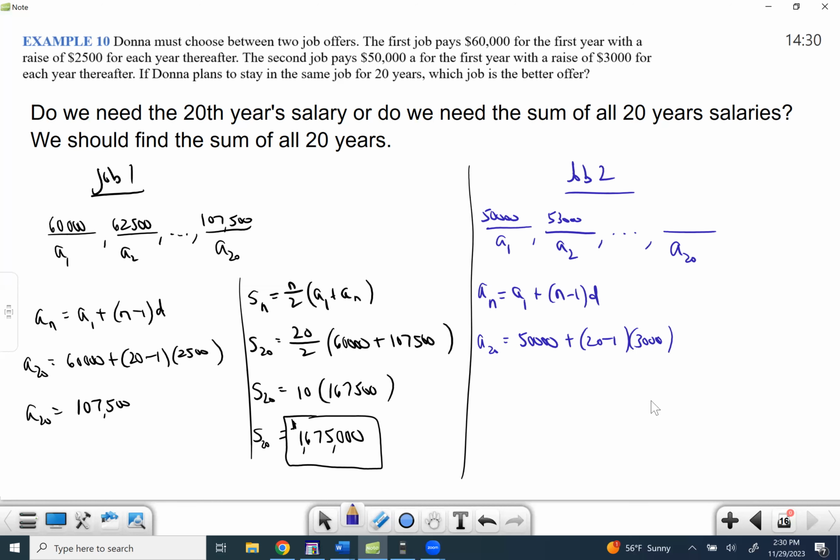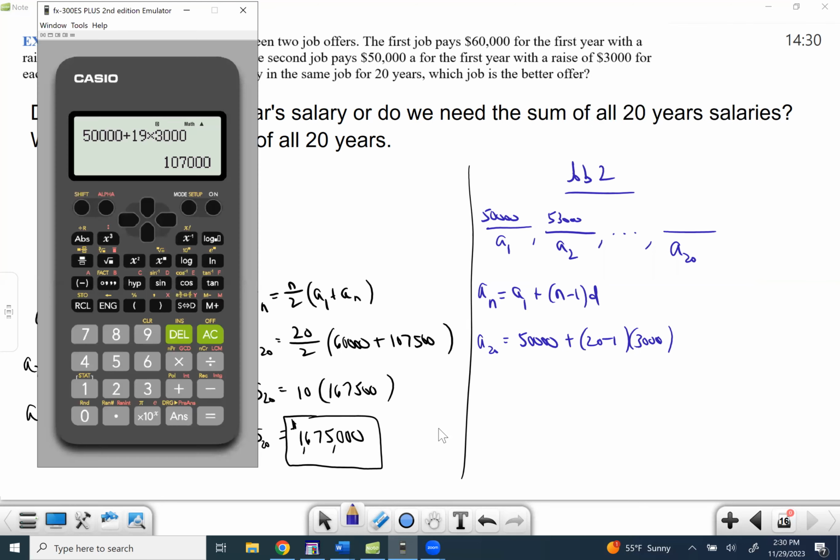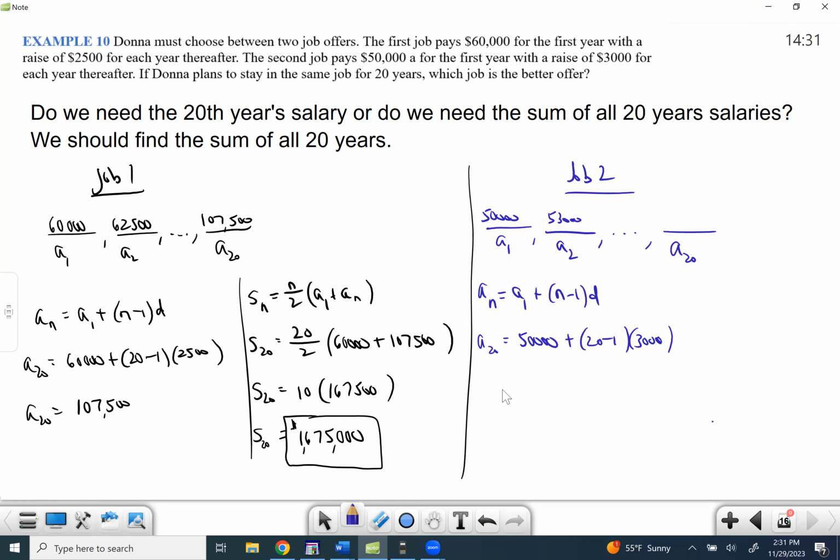So 50,000 plus 20 minus 1, which is 19, times 3,000 is 107,000. So she is not making as much in that 20th year.